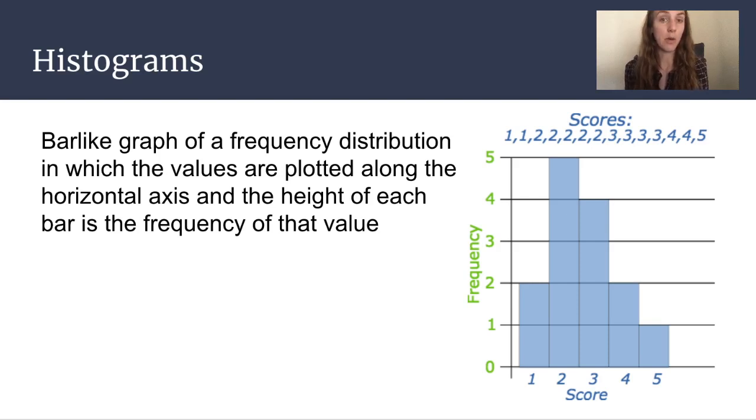Remember, we took a look at a bar graph with types of data. We use bar graphs to summarize nominal data. But histograms are bar-like graphs of frequency distributions where we plot the values on the horizontal axis and we plot frequency on the y-axis. So we take all of the values that are in our data set and plot the frequency that each one occurs.